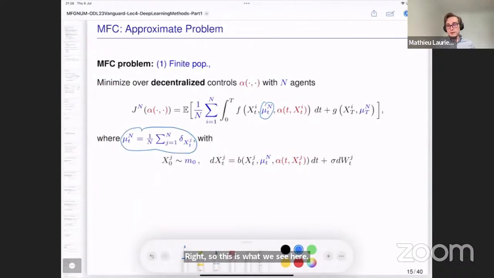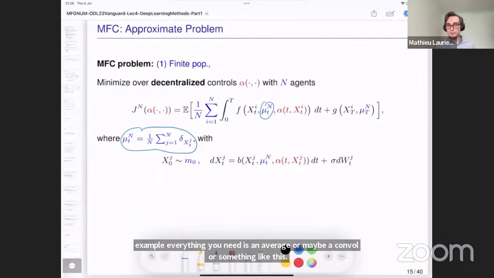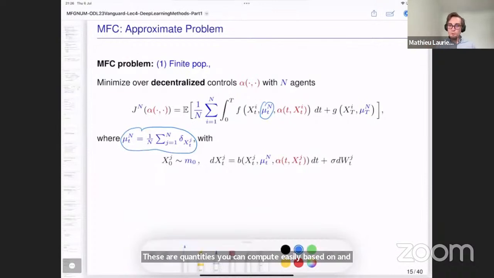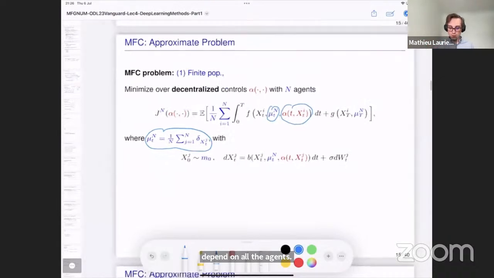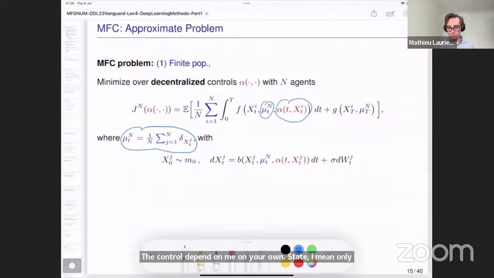Now, this is still high dimensional, so it can be cumbersome, but if, for example, everything you need is an average or maybe a convolution or something like this, these are quantities you can compute easily based on n particles. However, I'm not going back to an n-player problem because here I am not considering controls that depend on all the agents. The control depends only on your own state, I mean, only on the state of xi.